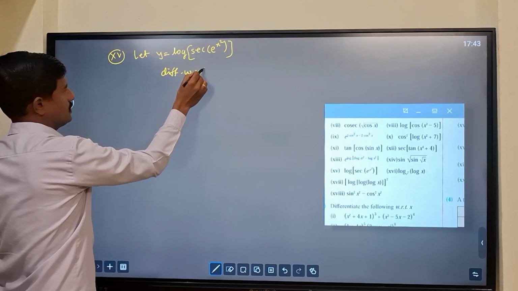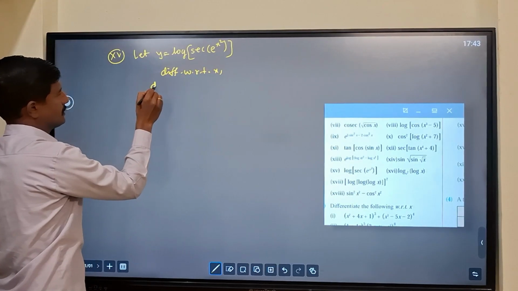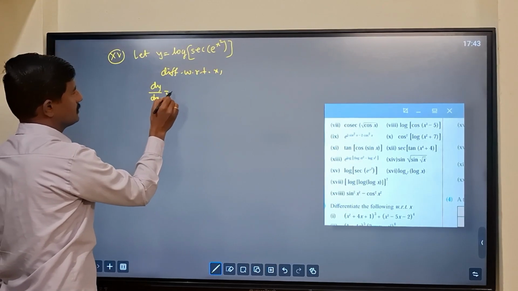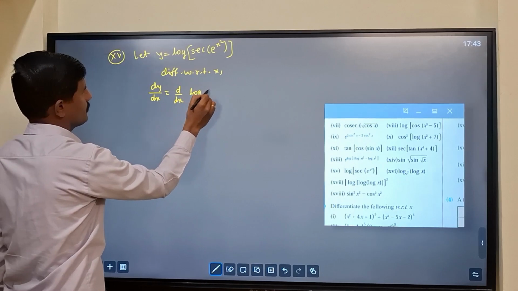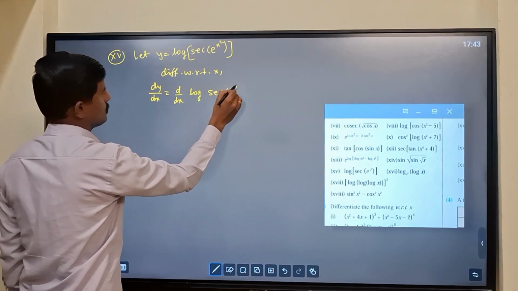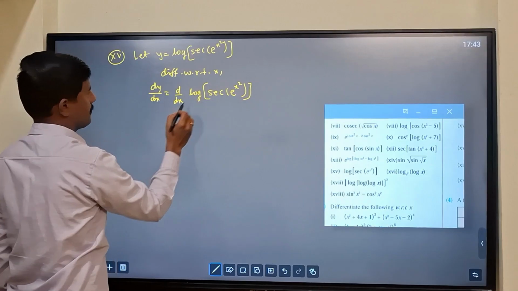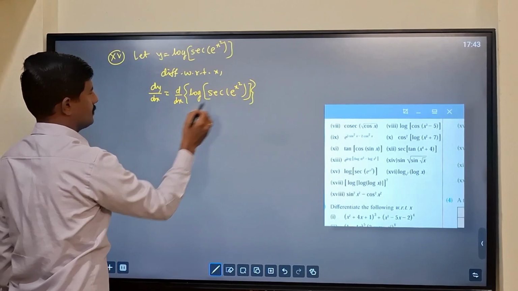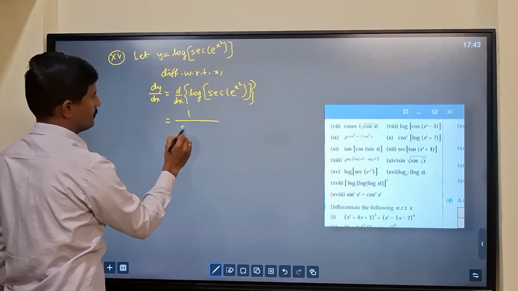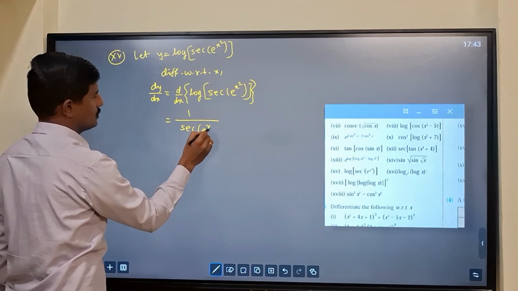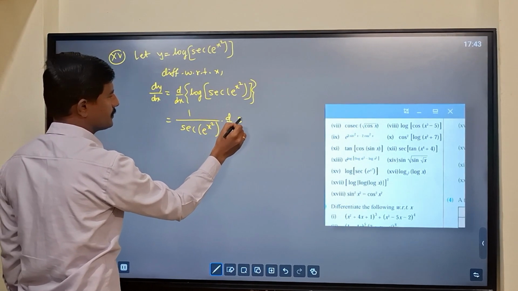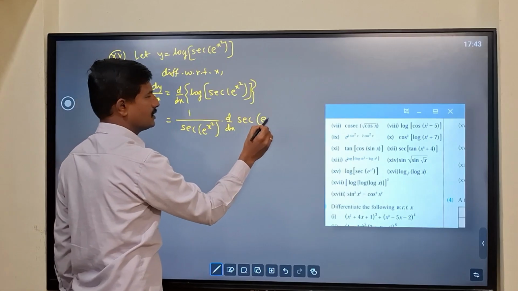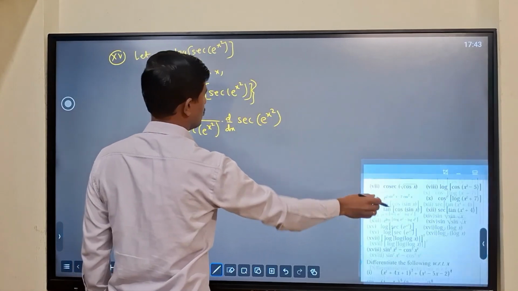Differentiate with respect to x. dy by dx is equal to d dx of log of sec of e raised to x square. So this will become 1 upon sec of e raised to x square into d dx of sec of e raised to x square.